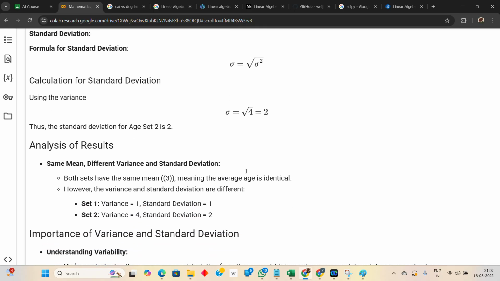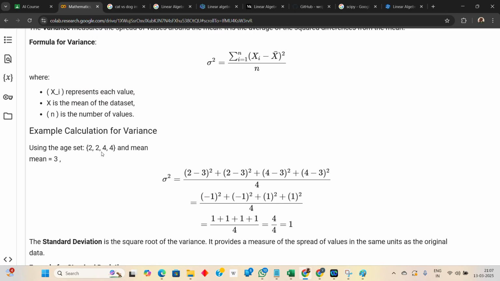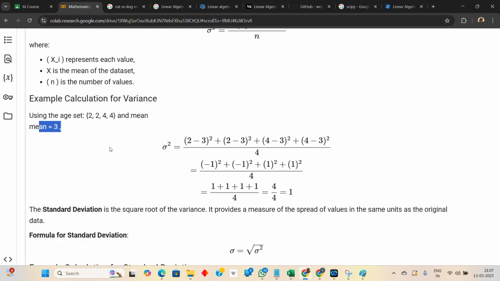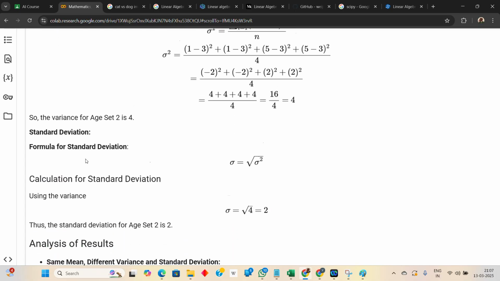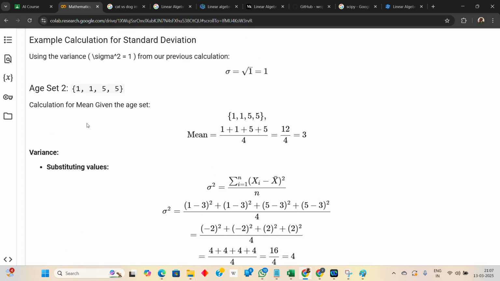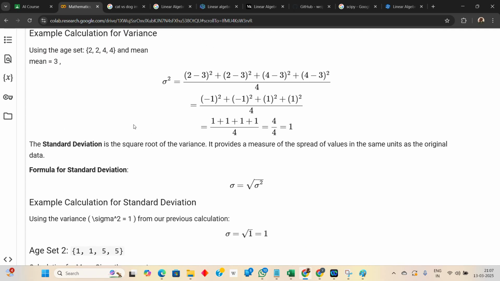That is 2. Okay. So if you observe these two examples, the first case has a mean of 3. The second case also has a mean of 3. So that means sometimes we may have two different data sets where the means are the same.